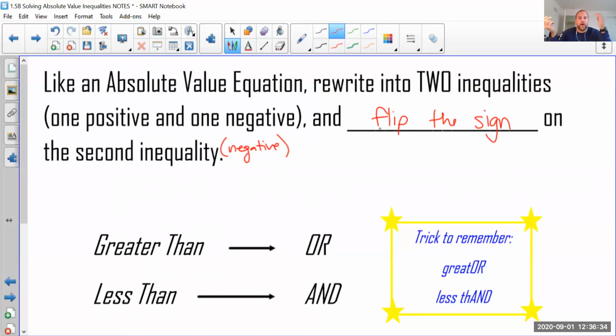So we didn't have to worry about that when we were talking about equations, but now that we're doing inequalities, it's a little bit different. Because when we talk about on the negative side being 4 units from 0, it's actually getting smaller. So as we move away from 0 on the negative side, it's less than. As we move away from 0 on the positive side, it's greater than. And so that's why on that second one, where we make it a negative, we also have to flip our inequality sign.